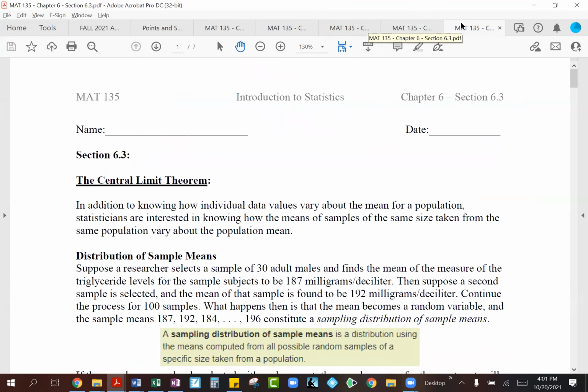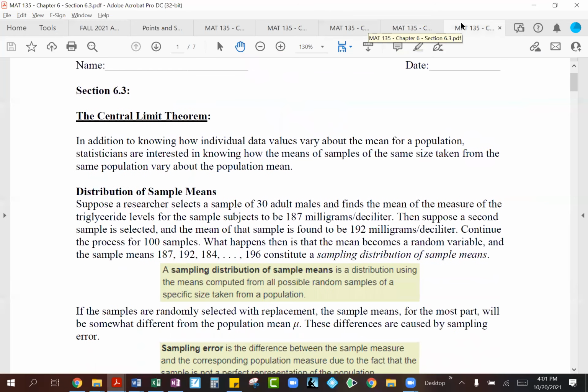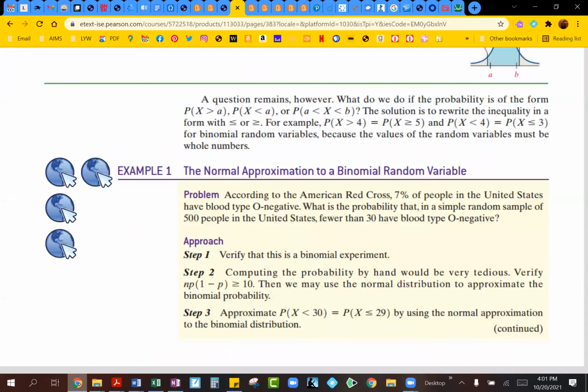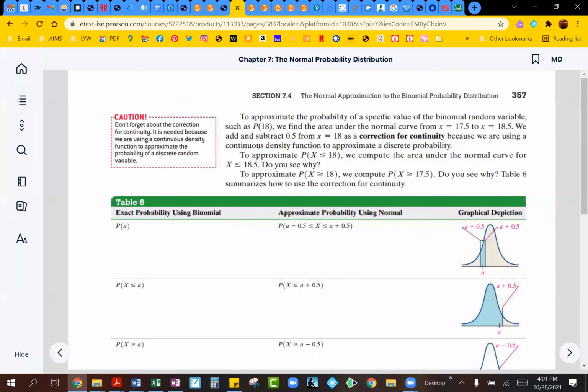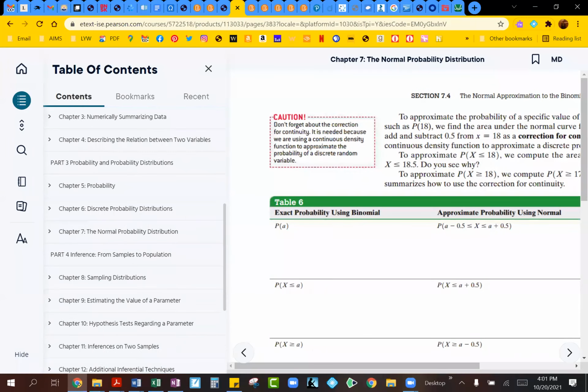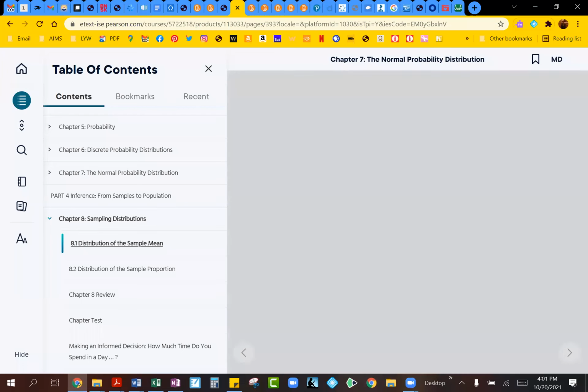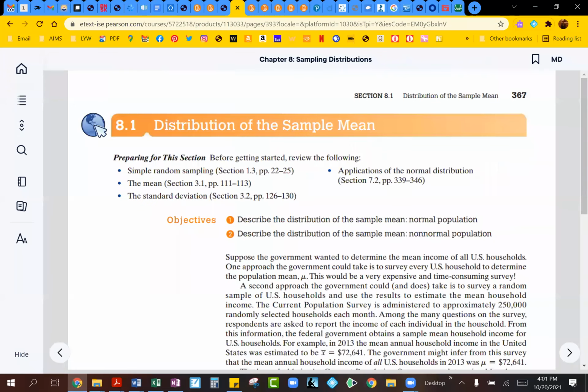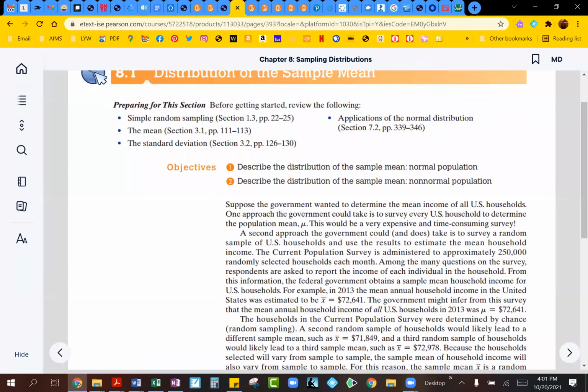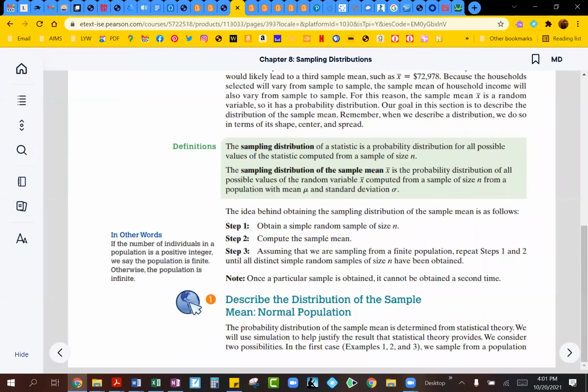Now, honestly, I don't know why your textbook did that. They put the central limit theorem, instead of putting it in chapter 7, they put it in chapter 8. So let me just show you that very quickly. And that's kind of what they did over here, is brought that idea of the central limit theorem right here into chapter 8.